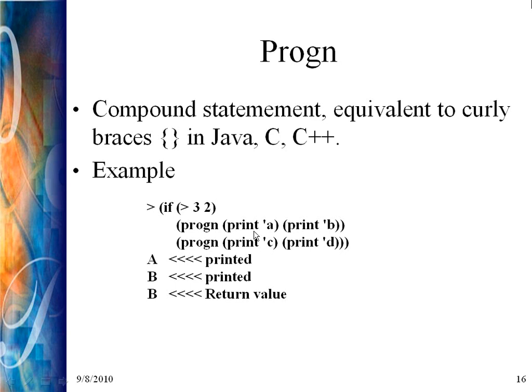So these forms have side effects, so those side effects get done, in this case printing, and so we're saying if this test, 3 bigger than 2, well it is, then evaluate all these forms, and we simply wrap them all in a progn so they all get done in order. And it prints A, it doesn't print this stuff, that's just a label. It prints B, and then it returns the value of print B, and print returns the thing it printed, so there's B.